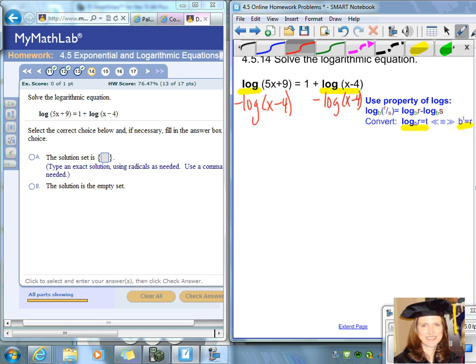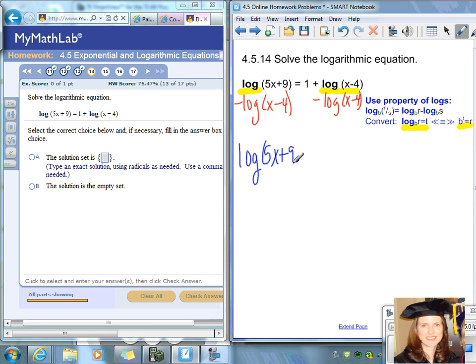Now when you're subtracting logarithms, please be careful here. This is the same thing as log of 5x plus 9 minus log of x minus 4. You don't subtract the arguments. You write them as two separate logs. So that is equal to 1.